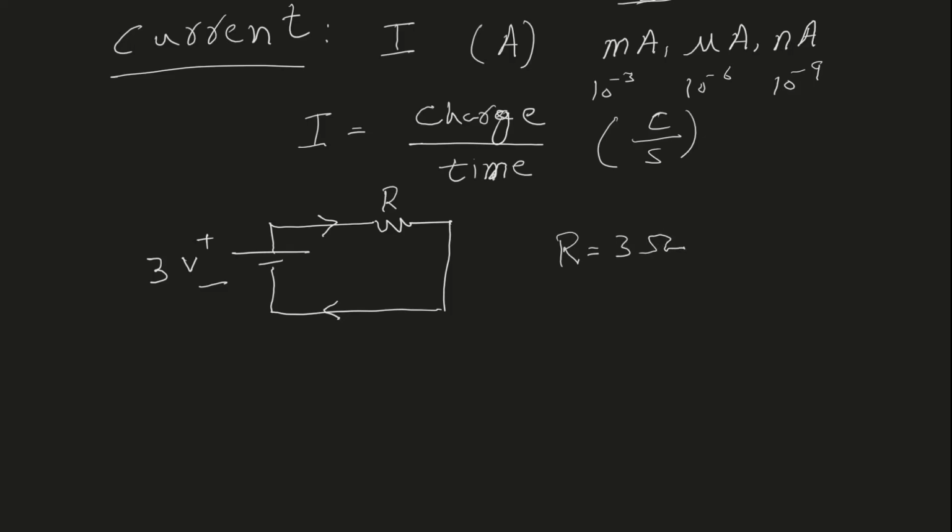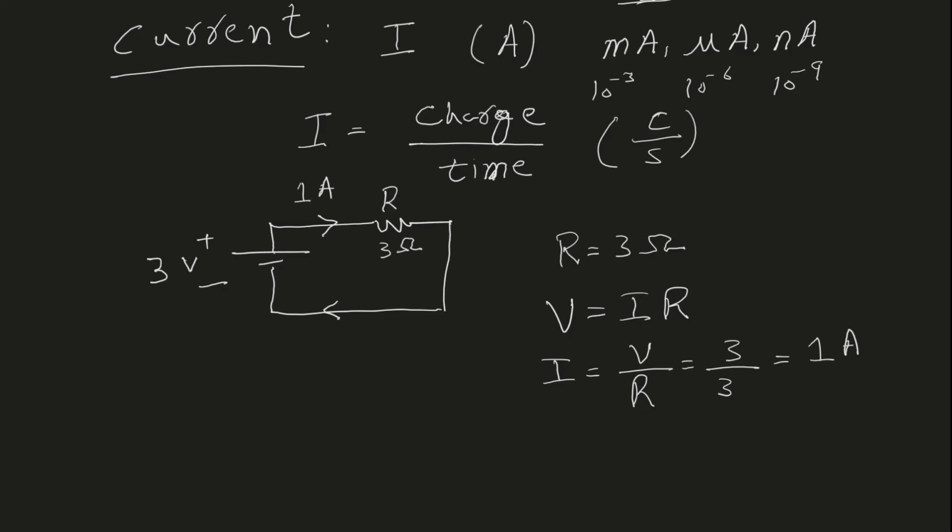We will see very soon what resistance is, but for now, let's say R is equal to 3 ohms. And we know that from Ohm's law, V equals IR. This means I will be equal to V divided by R, which is 3 volts divided by 3 ohms, which is 1 ampere. So if this resistor is 3 ohms, then there will be a 1 ampere current flowing in this circuit.